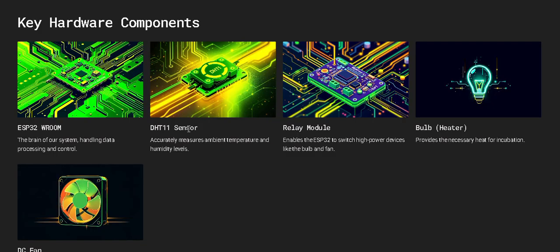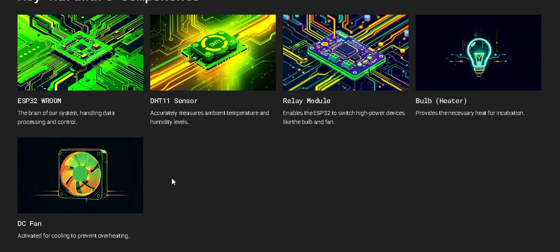Third one, we use a relay. That relay is a module that allows the low power ESP32 to safely control high power devices. The fourth one, we use a bulb that provides necessary heat for incubation. And fifth one, we use a DC fan that will control the temperature of the incubator.